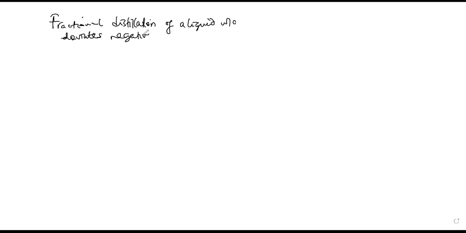Let's look at fractional distillation of a liquid which deviates negatively from Raoult's law.